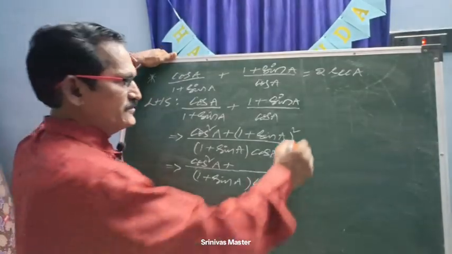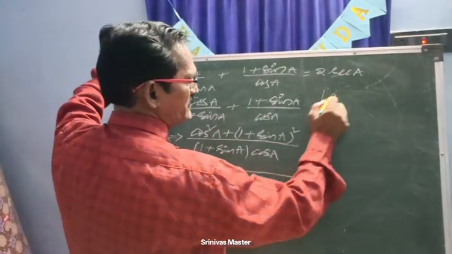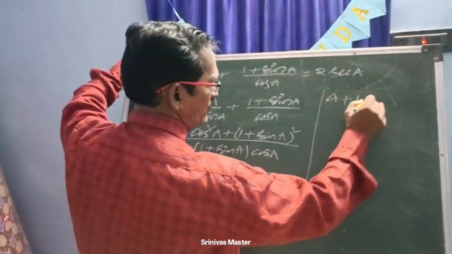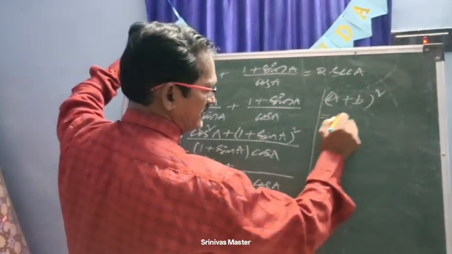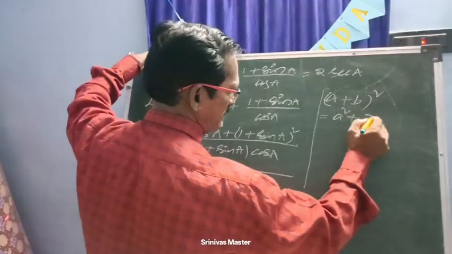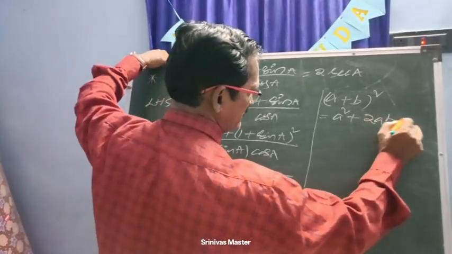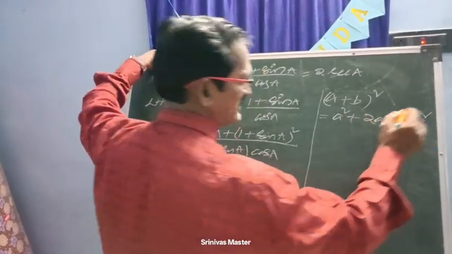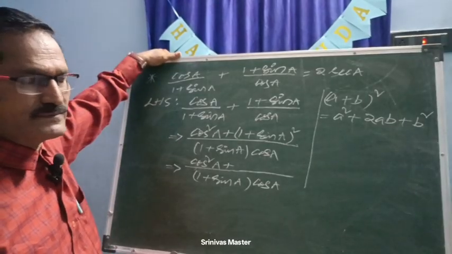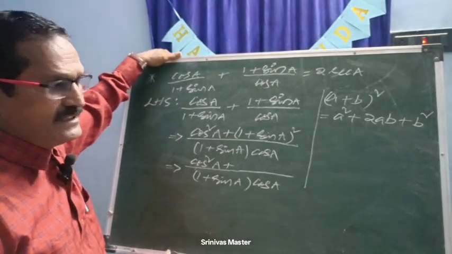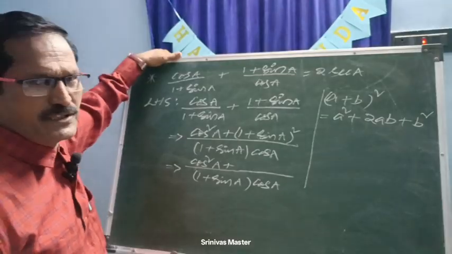Here an algebraic identity should apply. What formula is it? (A plus B) whole square. What is the (A plus B) whole square formula? A square plus 2AB plus B square. Actually, it is the standard form of (A plus B) whole square. Of course, you can write it the other way, A square plus B square plus 2AB, also.